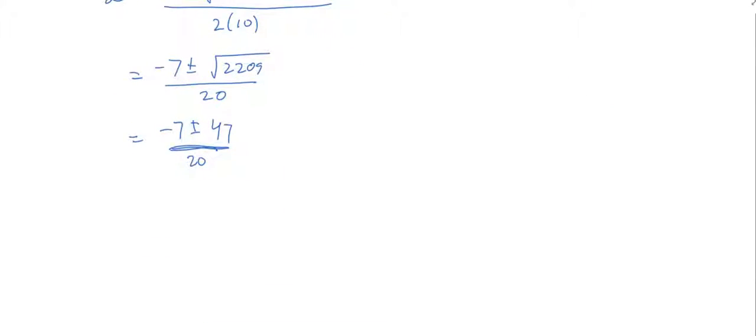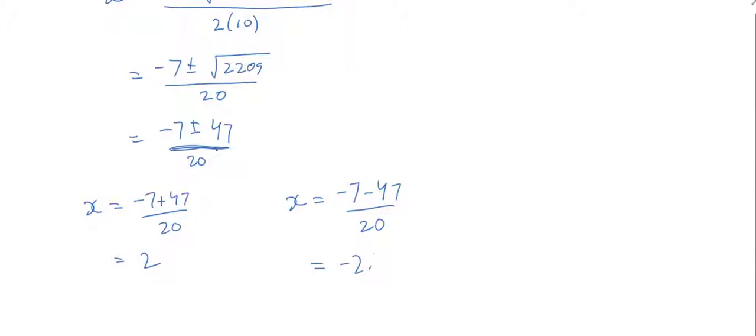But we want to notice, so then I get x equals negative 7 plus 47 over 20, which is 40 over 20. I think, yep, so that's 2. And x equals negative 7 minus 47 over 20. And what does that work out to?